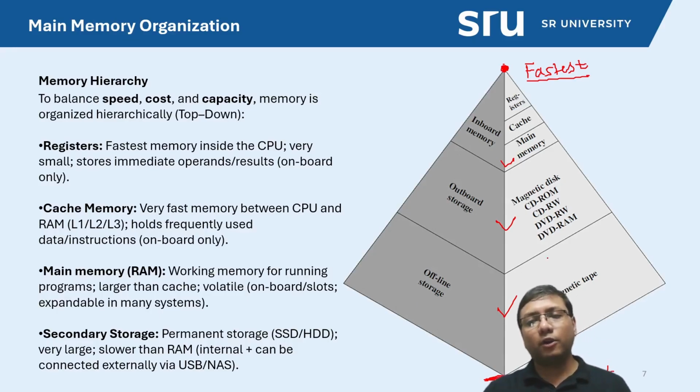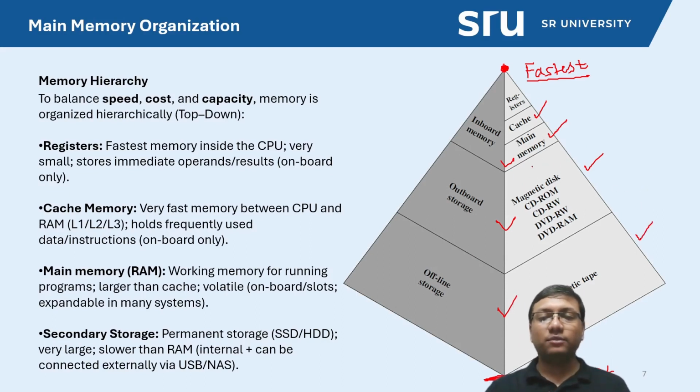So one learning from this hierarchy is that the memory located towards the tip of the pyramid is faster, and the memory located near the bottom is slower. Now you can tell that register is the fastest, cache is slower than that, main memory is further slower, outboard storage is further slower, and magnetic tape and USB drives are the slowest.